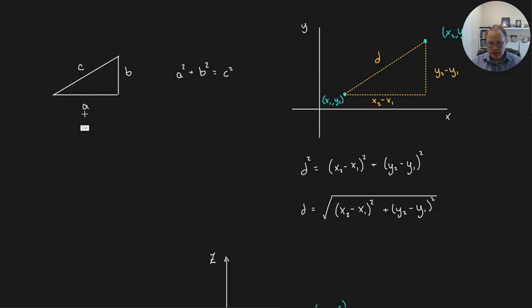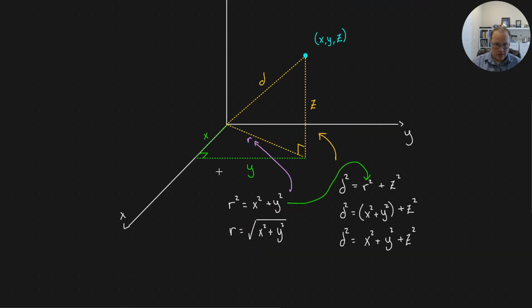This side would be just the sum of the squares of these two sides. In 3 dimensions, you have a third coordinate, so you just add the square of the third coordinate in.